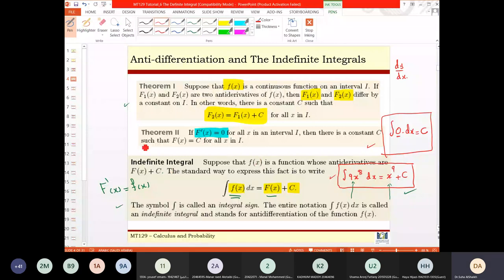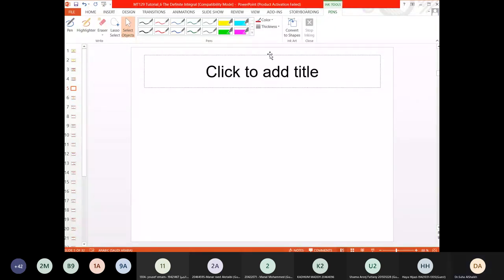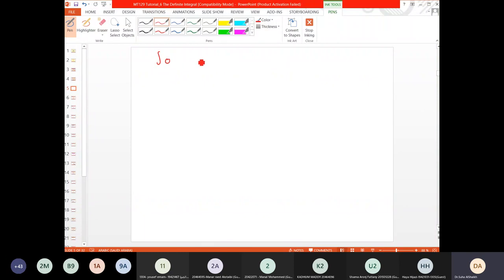Now, if you have the integration of 1, good question. Let's open a new page and take examples. We agreed the integration of 0 with respect to x is equal to a constant.